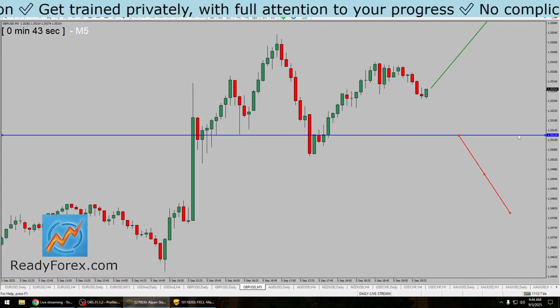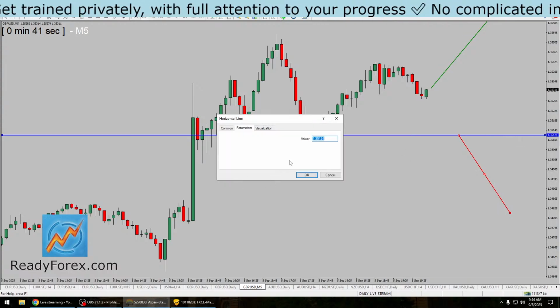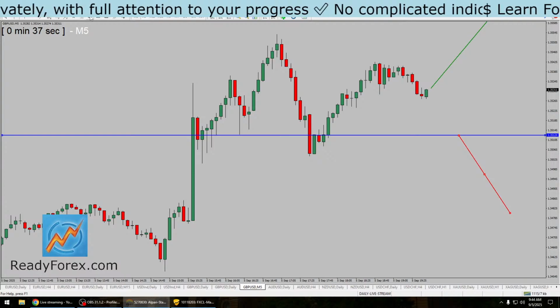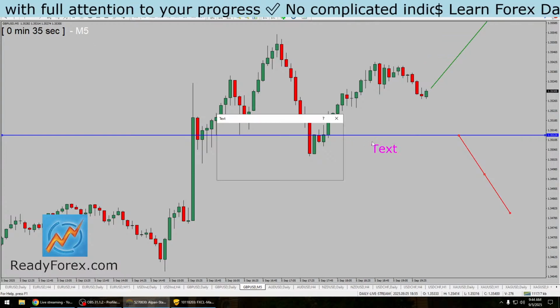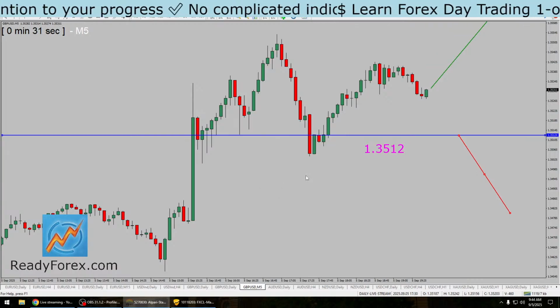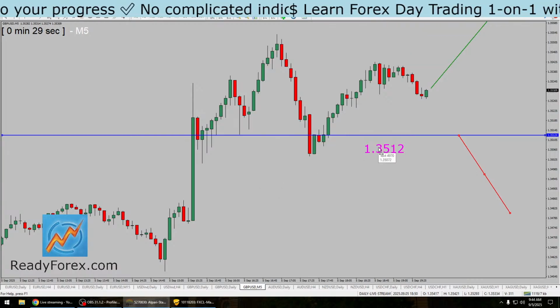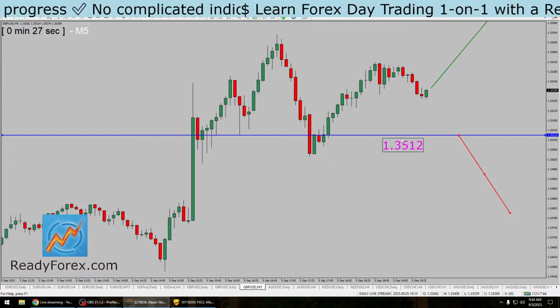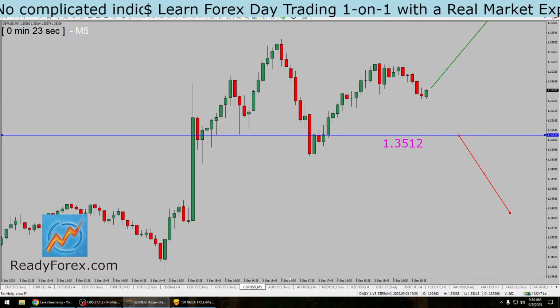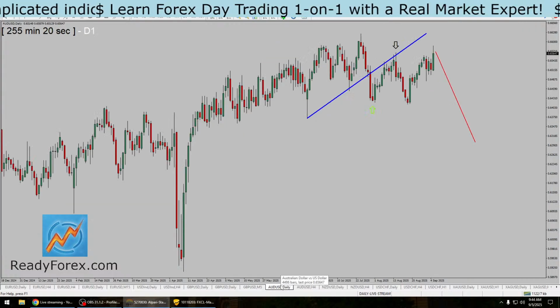For example, if price action breaks below the 1.3512 level, let me write it down, then obviously GBPUSD is going to drop, otherwise expect more upside. Okay, next one is the Aussie dollar.